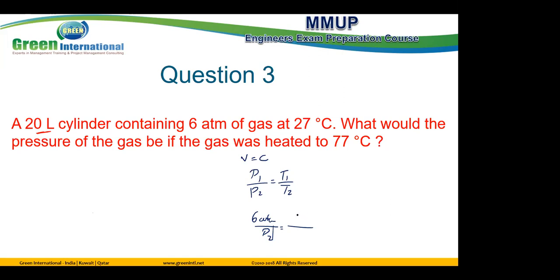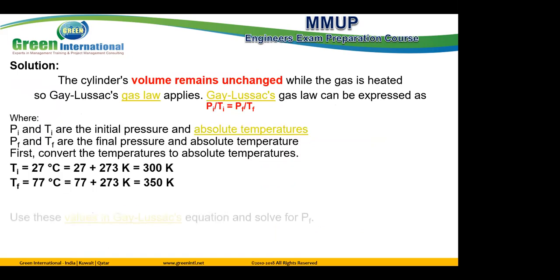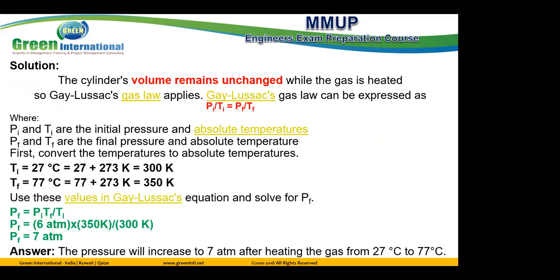Yes, exactly, 27 plus 273 and 77 plus 273. So we can get the answer from this relation for P2, which is equal to 7 atmospheres. Okay, let's see the answer here in detail. This is given and this is the answer.